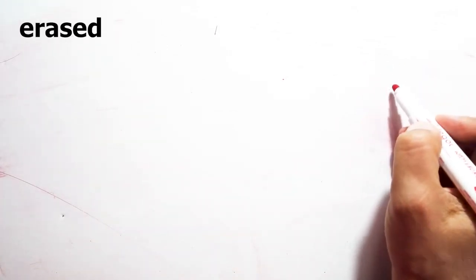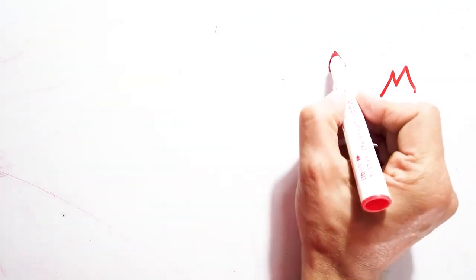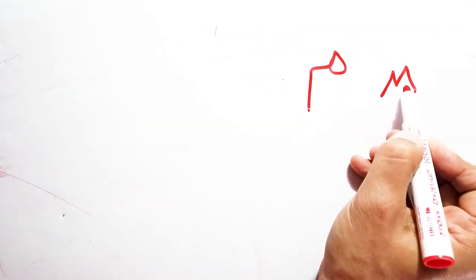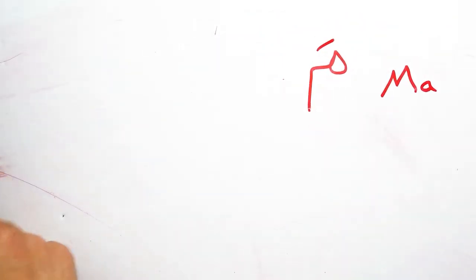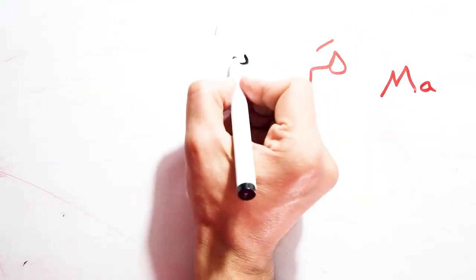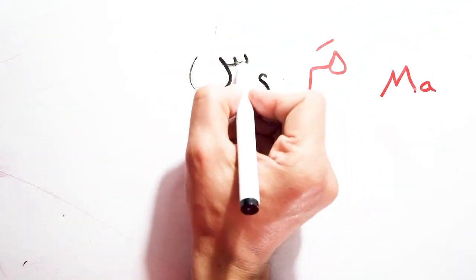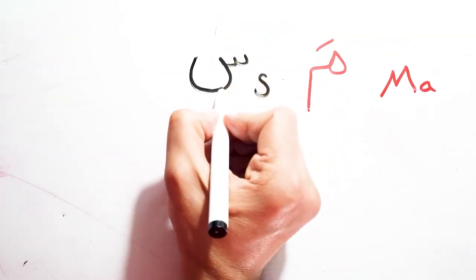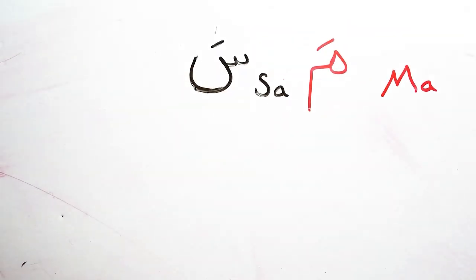Ta, ha, na. Masaha. Ma, ma, ma. We have the sound of letter M. In Arabic, it is this one. Ma, ma, ma. Ma, se. It's the sound of letter S. Se, se. And finally, we have ha again. Ha, ha, ha.